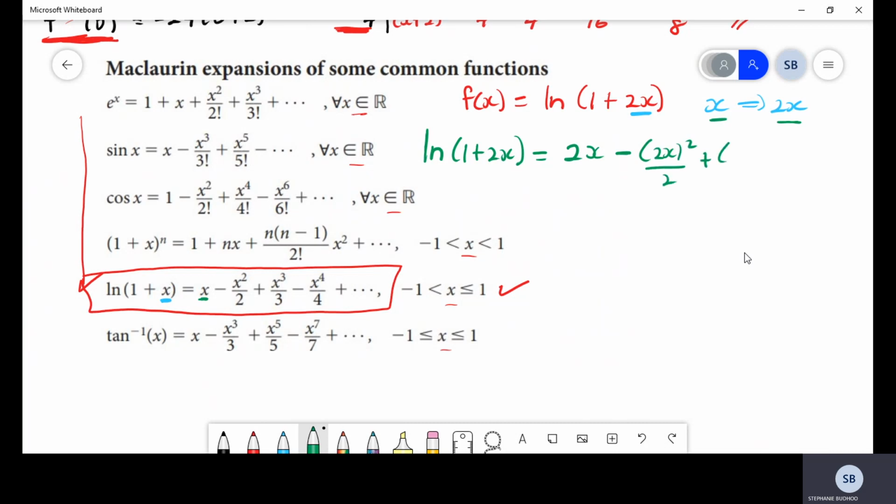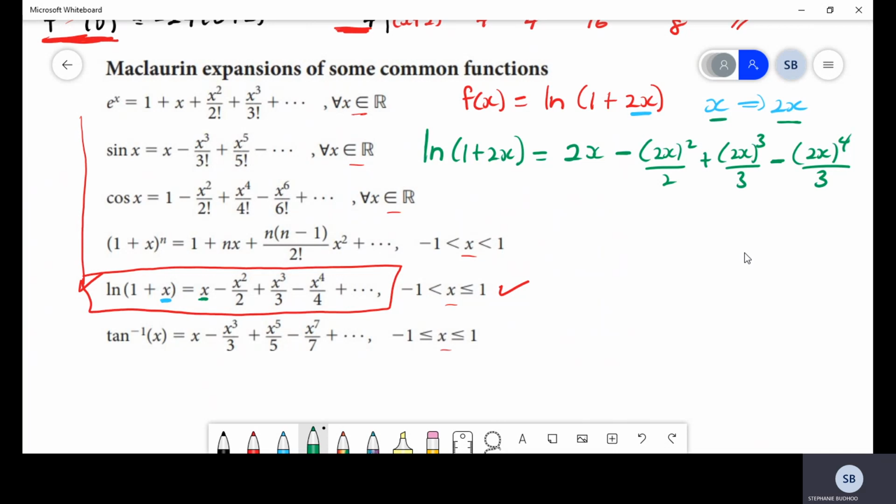Then x cubed will be replaced with 2x all cubed over 3. Use your brackets. It's not just the x alone, it's the whole entire chunk. And then finally, the last term, the x to the power 4 over 4, would be replaced with 2x to the power 4 all over 4. And this is how you would extend your standard function.